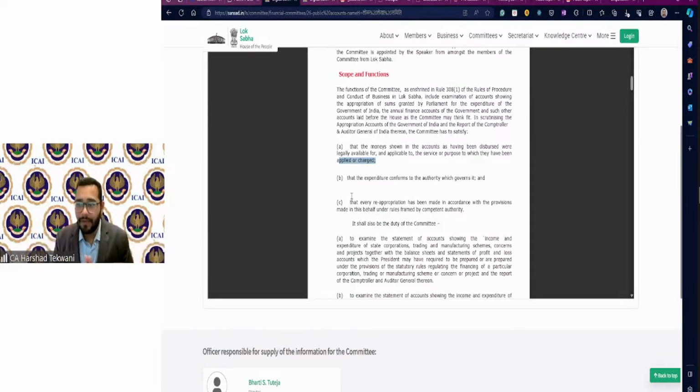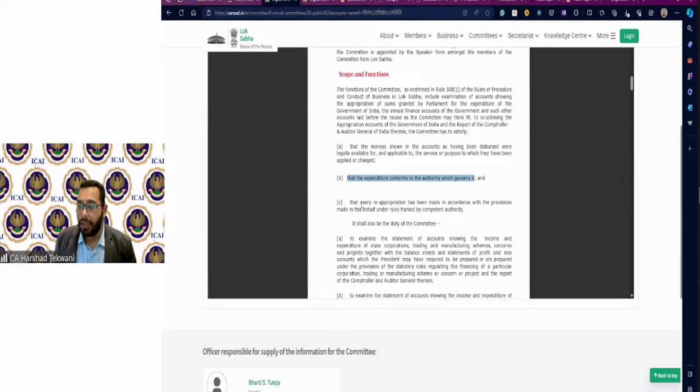So a lot of things are there with respect to the money when it is allocated to a particular project. Number two, the expenditure conforms to the authority which governs it, which means whether the expenditure was authorized, kind of.